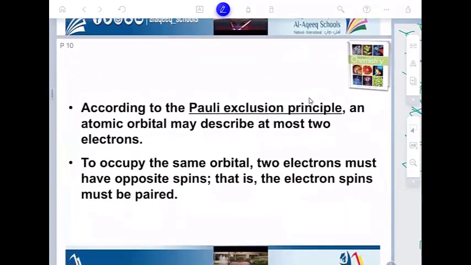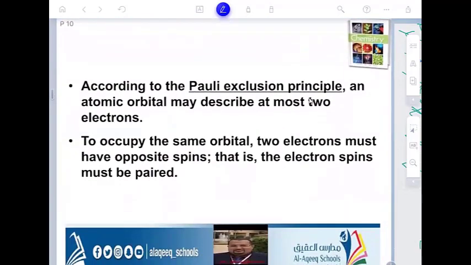Okay. According to this, he described the maximum number of electrons in each orbital, and he also said that the electrons must move in opposite directions, one clockwise and the other anti-clockwise, or counterclockwise, like this, opposite direction to resist the repulsion.